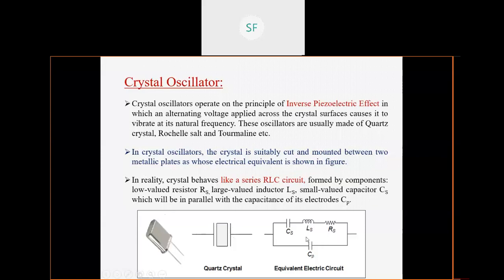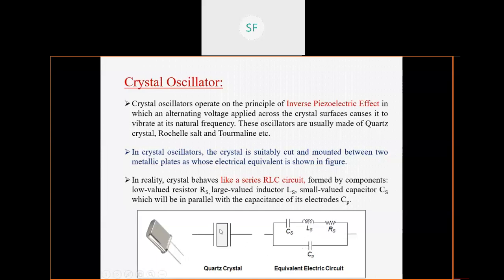Now you can observe that in this figure there are a few components such as CS, LS and RS, that is, capacitance, inductor and resistance. These are in series, so the subscript is S. You can read them as series capacitance, series inductance and series resistance.